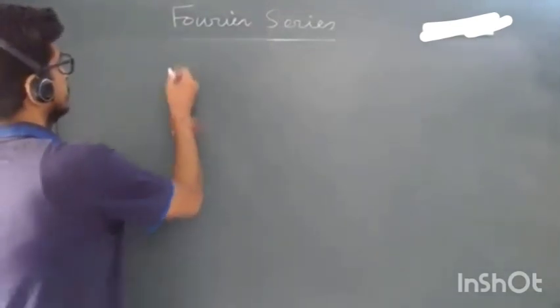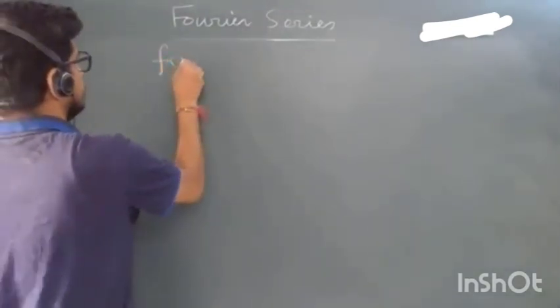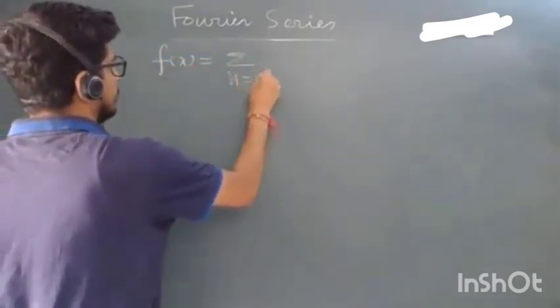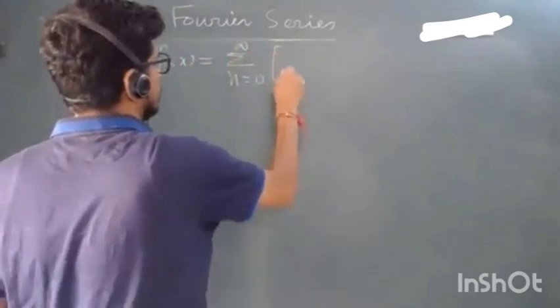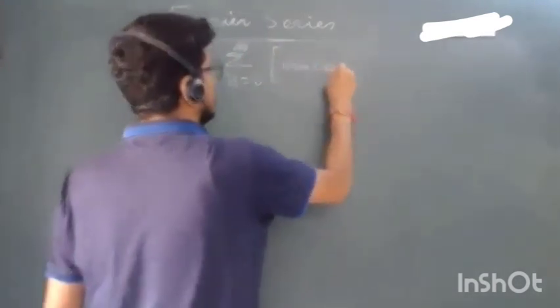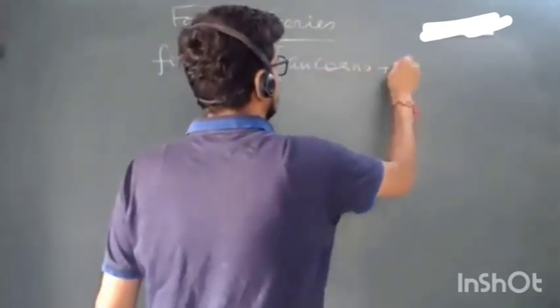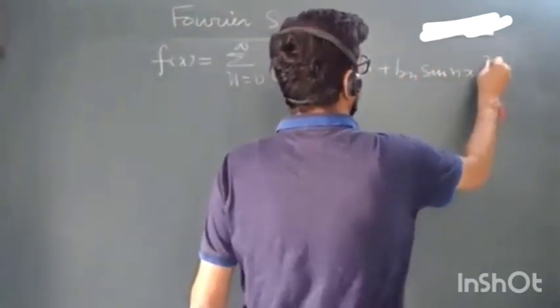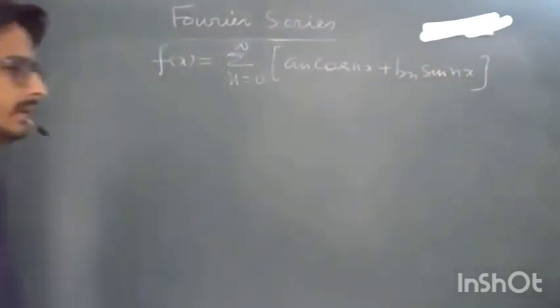That if your function is like this, an cos nx plus bn sin nx, suppose this is your series.